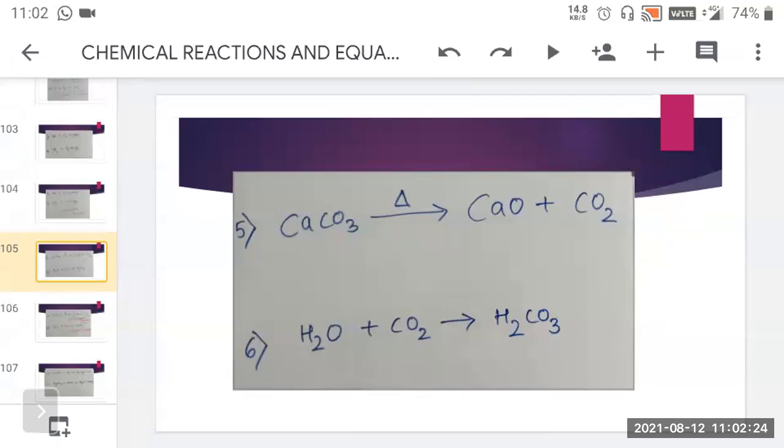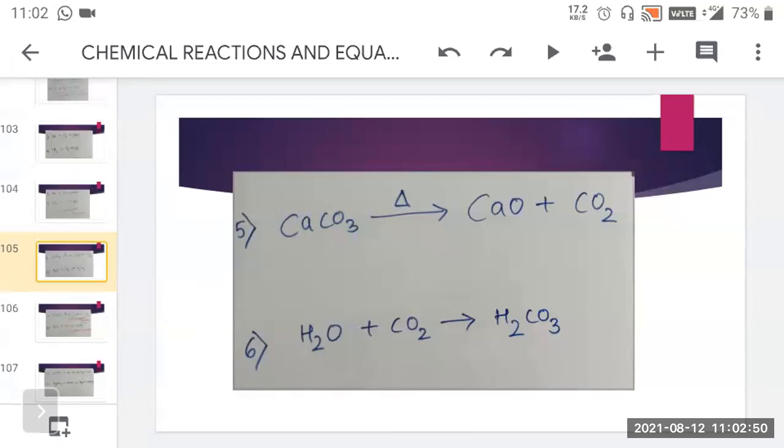Then just see whether the reaction is balanced or not. Calcium is 1 in the reactant side and it is 1 in the product side. Then the number of carbon is 1 in the reactant side and in the product side it is also 1. And oxygen is 3 in the reactant side and in the product side also: CaO, 1 oxygen from there, and CO2, 2 oxygen from this side.